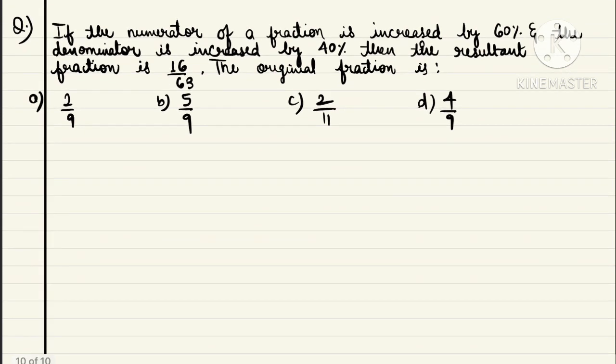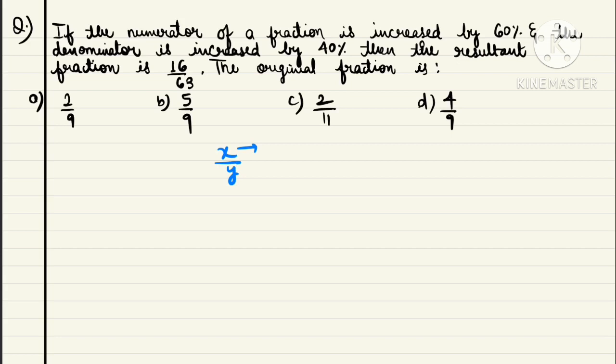Next question. If the numerator of a fraction is increased by 60% and the denominator is increased by 40%, then the resultant fraction is 16 by 63. Let's take the fraction as x upon y. Now it's given the numerator, that is x, is increased by 60%. Let's take x as 100x.